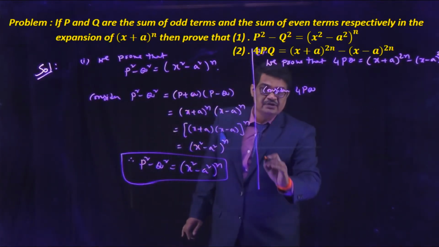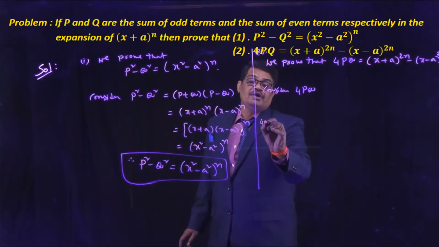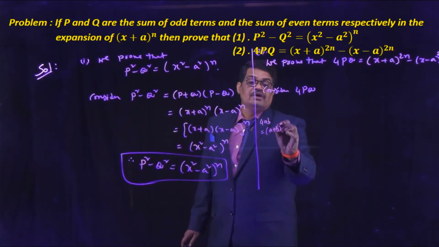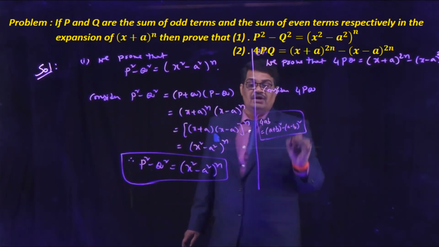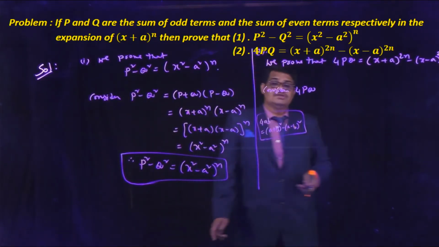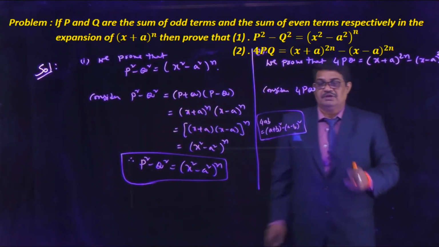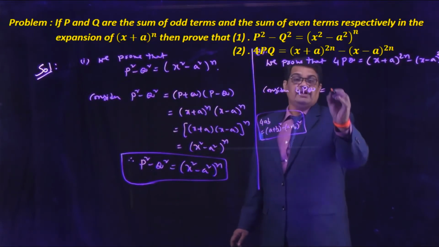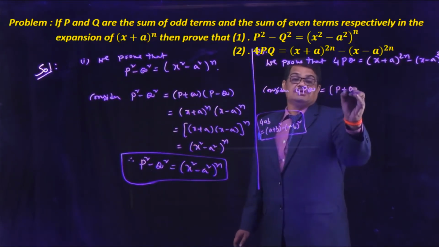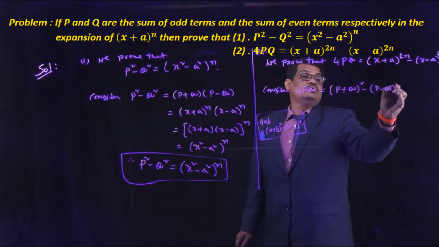So the formula is 4ab is equal to (a + b)^2 minus (a - b)^2. From that, taking 4PQ like ab, 4PQ can be written as (P + Q)^2 minus (P - Q)^2.